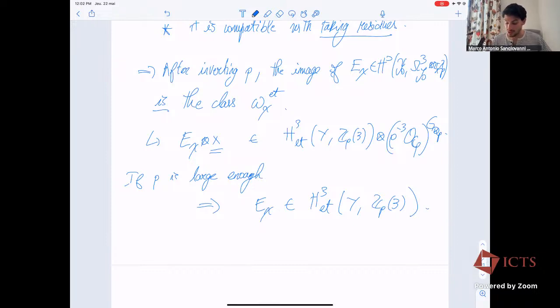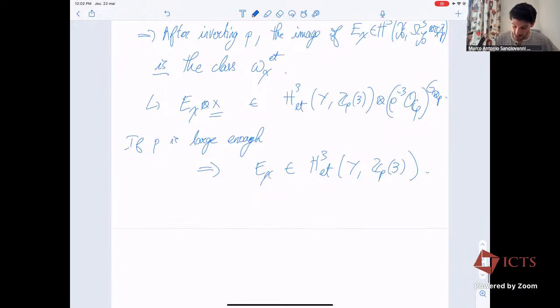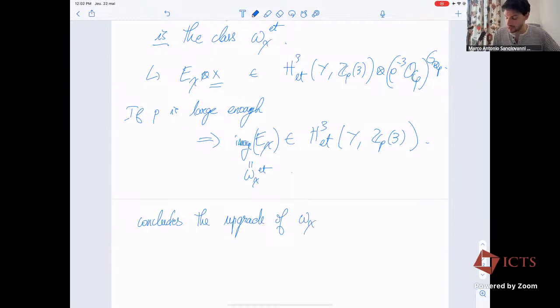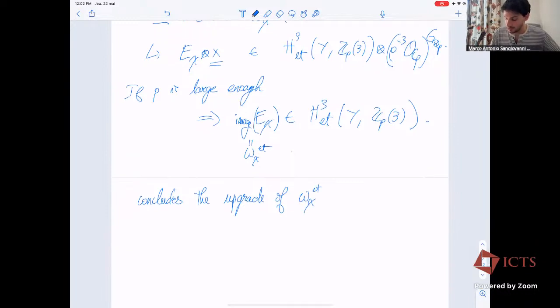All right. So then this implies the image of E chi, which was omega chi et al. All right. So this concludes the upgrade of omega chi et al. to an integral class.